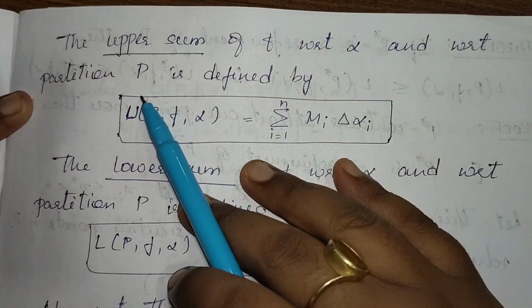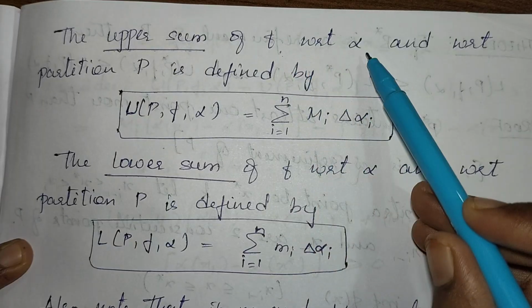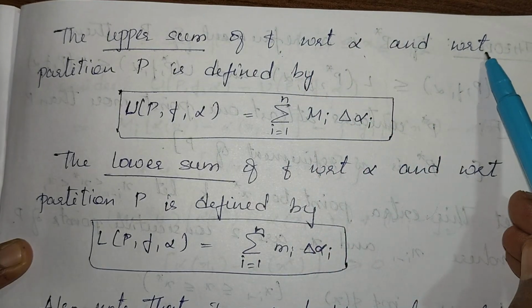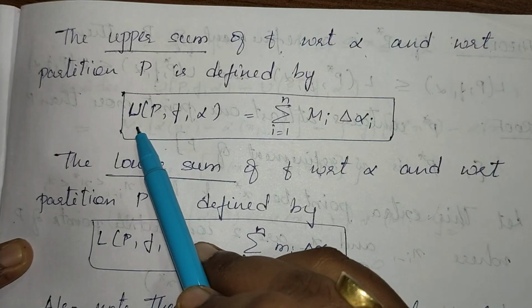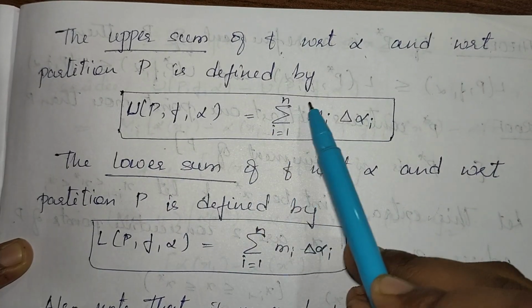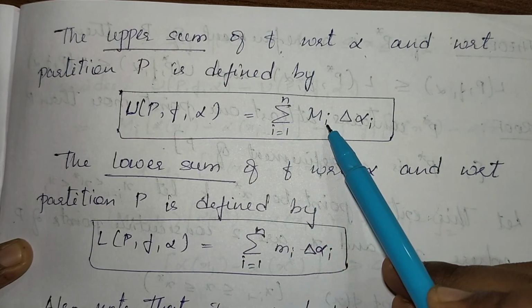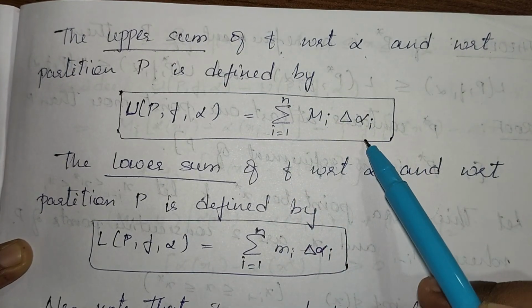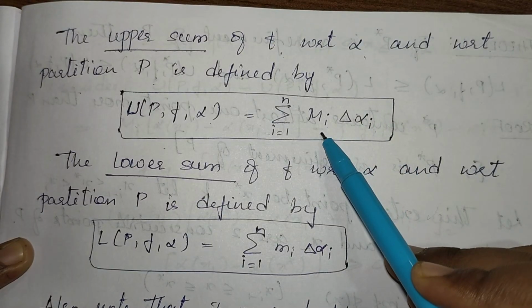See, the upper sum of f with respect to alpha and with respect to the partition P is defined by U(P, f, alpha), which is equal to the summation of i equal to 1 to n of capital Mi delta alpha i. So here, you know what is Mi.